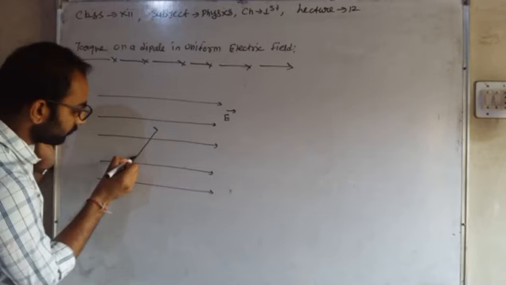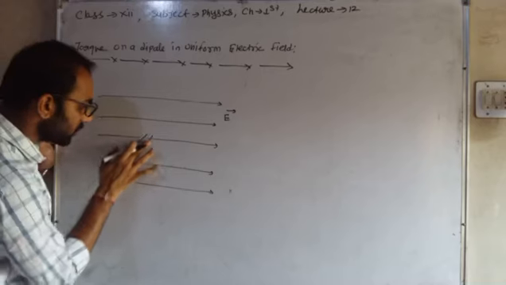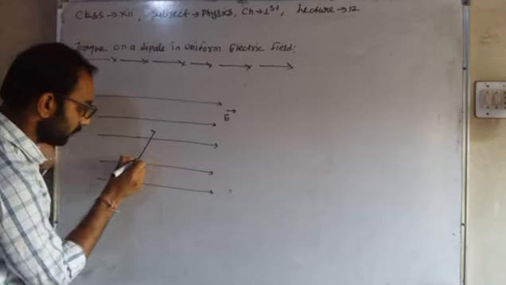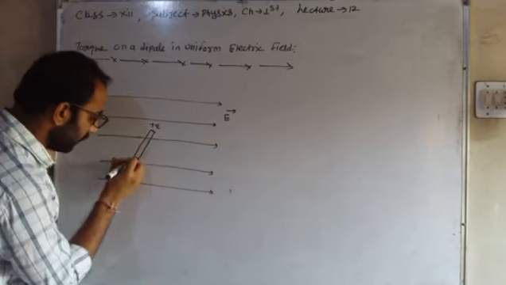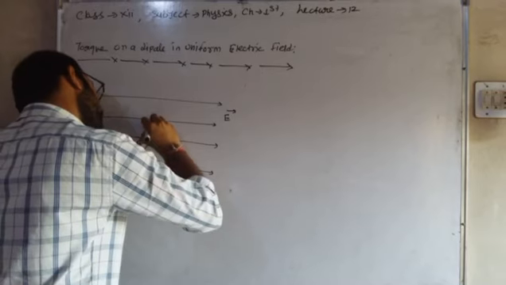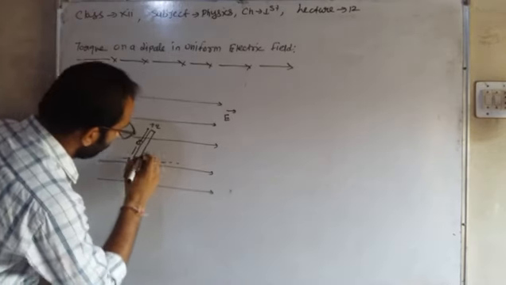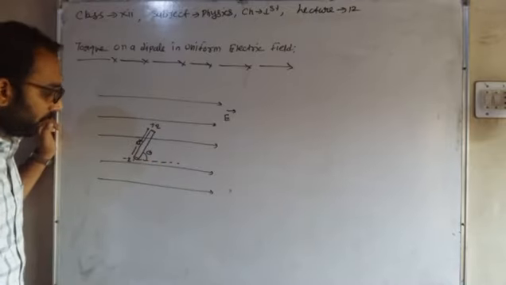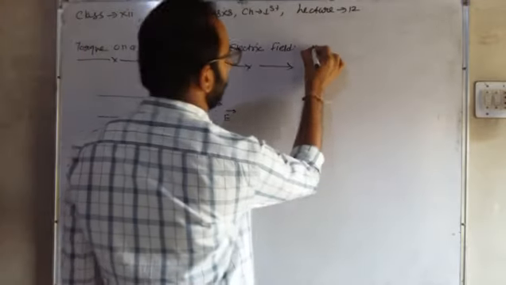A dipole pair consists of charge plus q and minus q, and the separation distance is 2a, placed in a uniform electric field at an angle theta. Okay, the angle between the uniform electric field and the dipole. So write down the language.